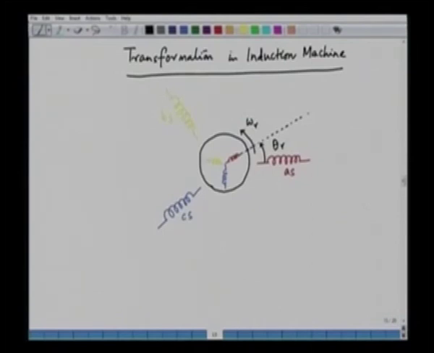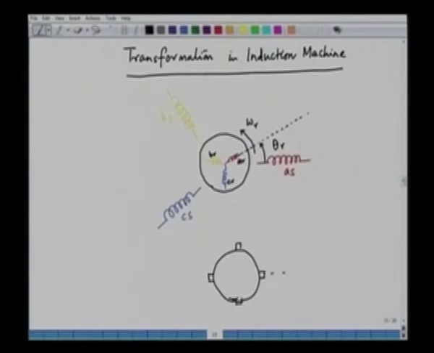This is our AR, BR and CR. Now, what we would like to do is transform this machine into a DQ machine. So, this is a rotor and we have two rotor windings. There is the pseudo stationary winding, one in the D axis and the other one in the Q axis.